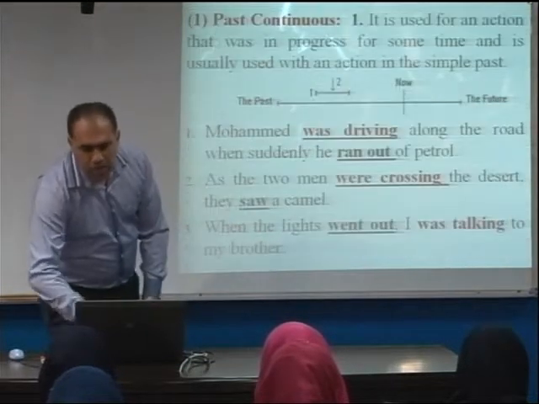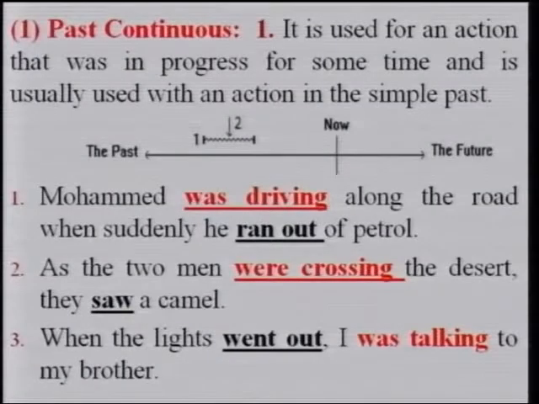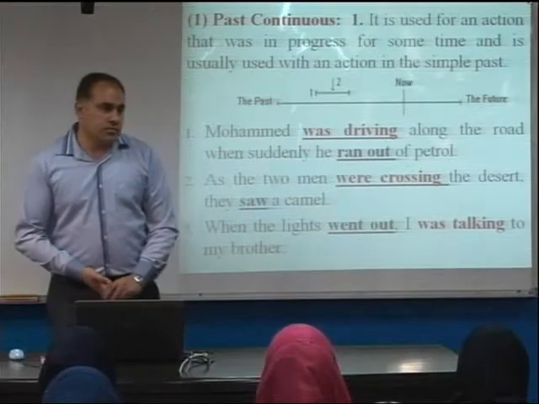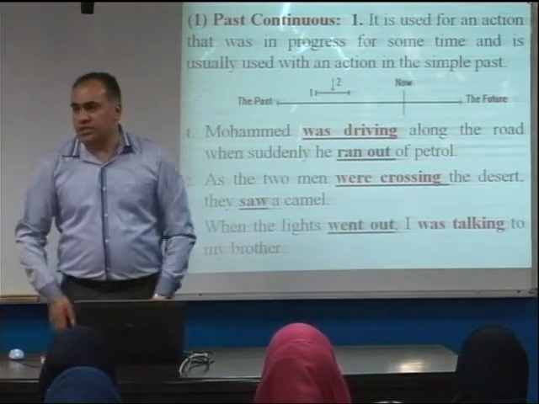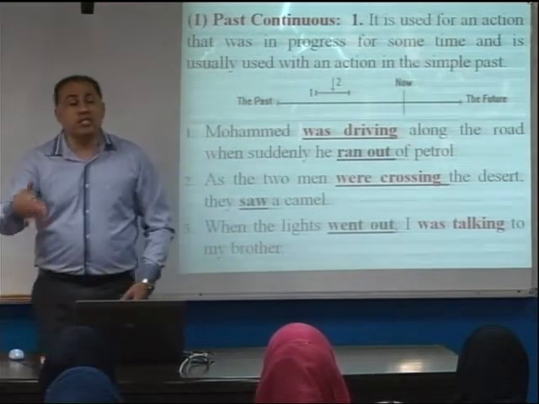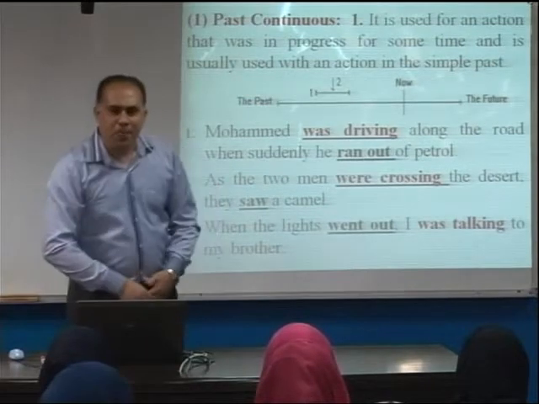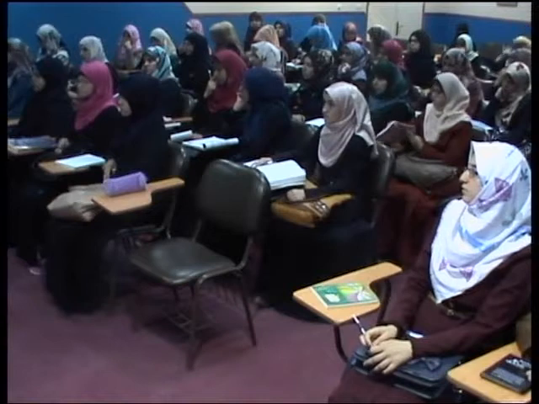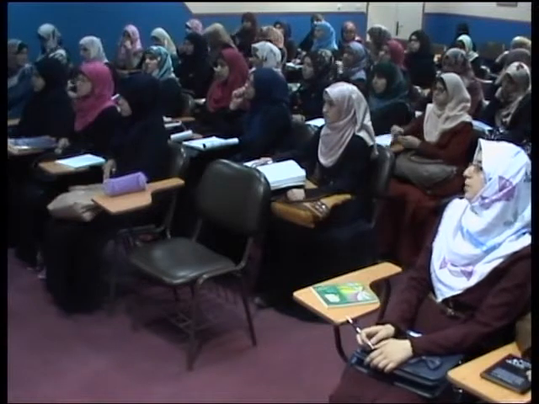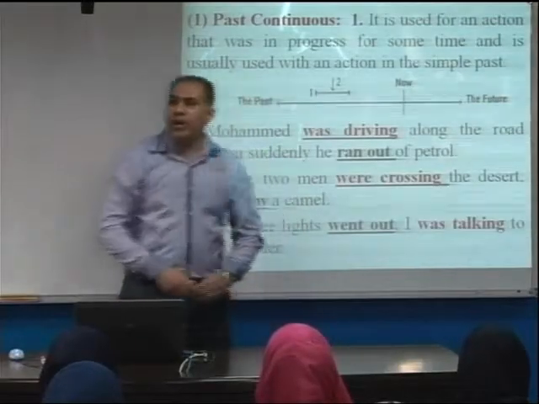Now we come to a second type of verb tense, which is the past continuous. What is the past continuous tense? Of course, the past continuous or past progressive, if we want to be very specific. When do I use the past continuous tense? It's used for an action that was progressing at some point for some time in the past.